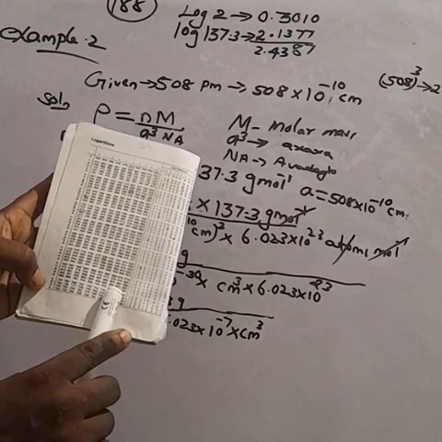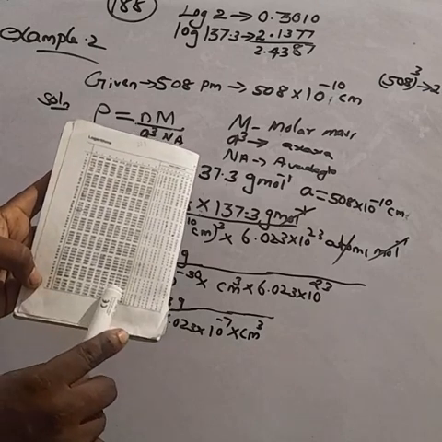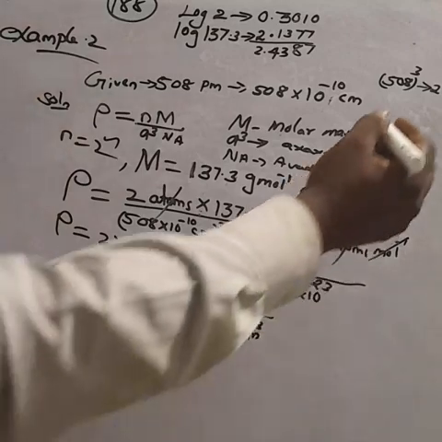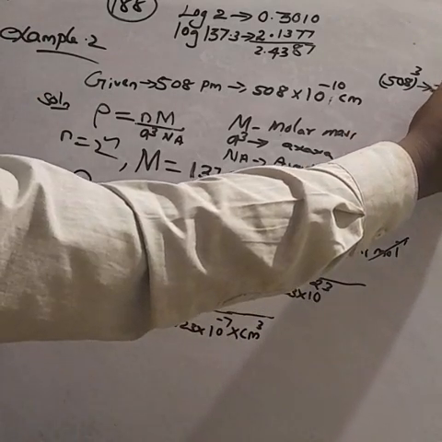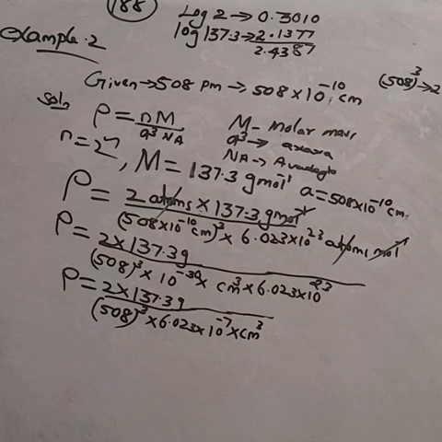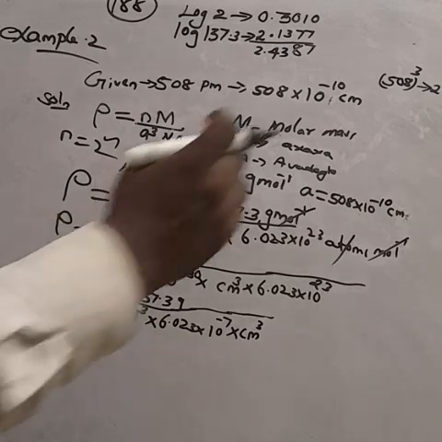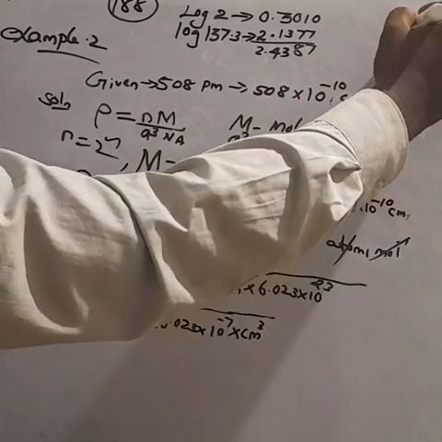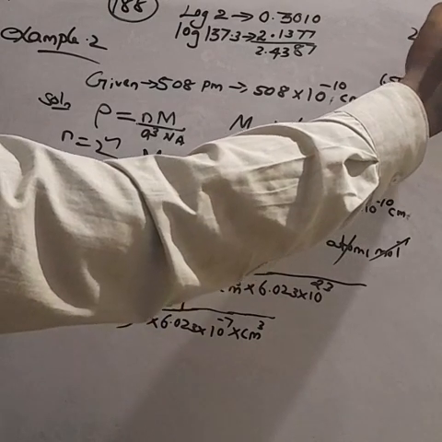50 versus 8, we get the value 7059. What's the value here? 7059. So I am writing 7059. Here having cube, I am going to multiply this by 3, because cube.